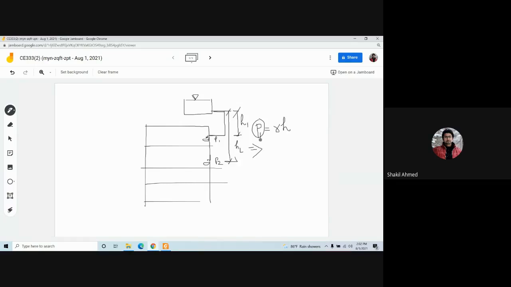So P1 equals gamma H1, P2 equals gamma H2, and since we are dealing with water here, gamma is the unit weight of water. P1 is the pressure coming from the elevation H1, P2 is the pressure coming from the elevation H2. Now tell me which one is larger, P1 or P2? P2, because H2 is higher.